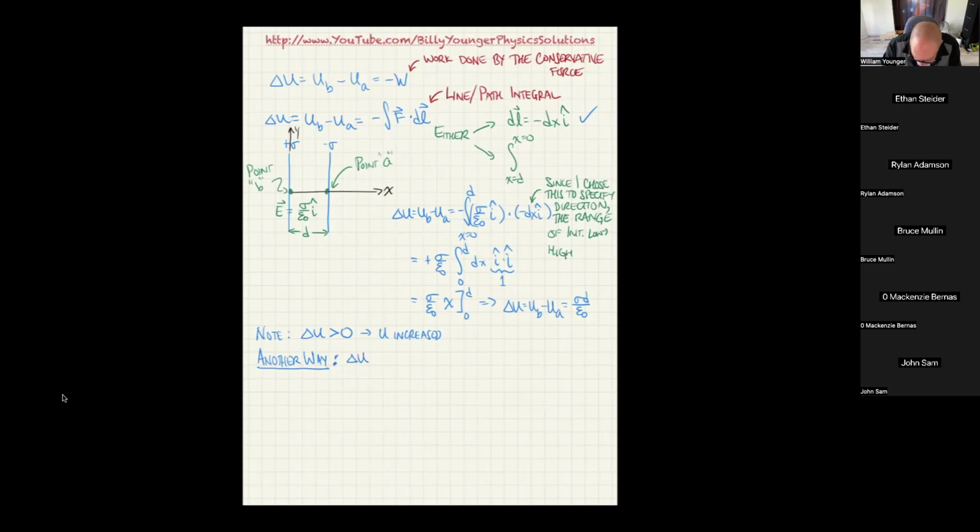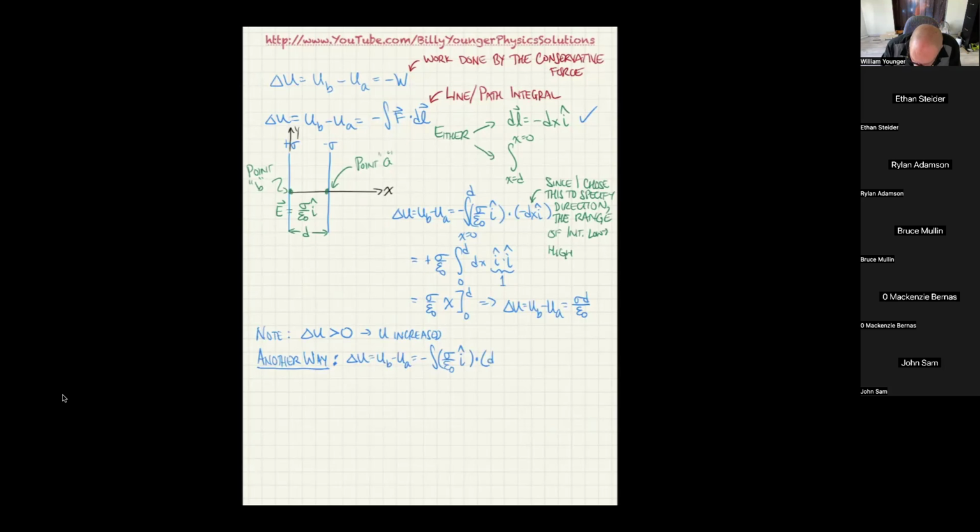So I'm going to say delta U is equal to U_B minus U_A, which we decided was the negative integral of E dot dl. Now the electric field is still sigma over epsilon naught pointing in the i hat direction. Now this time I'm going to let dl just point in the positive coordinate direction.